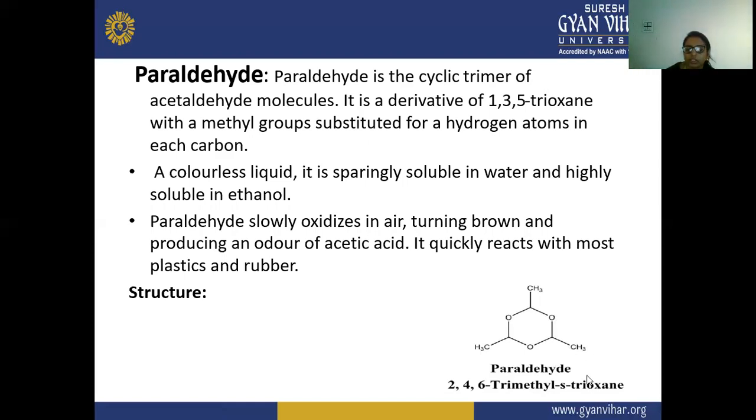Three acetaldehyde molecules combine to form this molecule. It is a derivative of 1,3,5-trioxane, where a methyl group is substituted for the hydrogen atom on each carbon, at positions 2, 4 and 6.